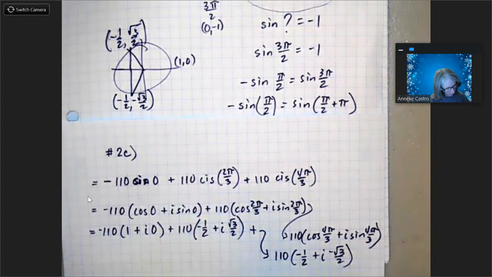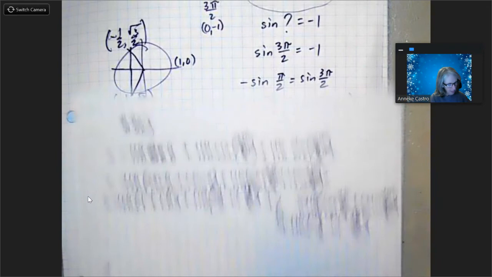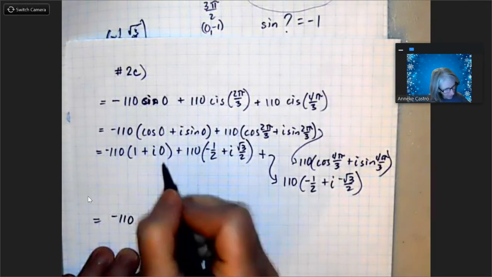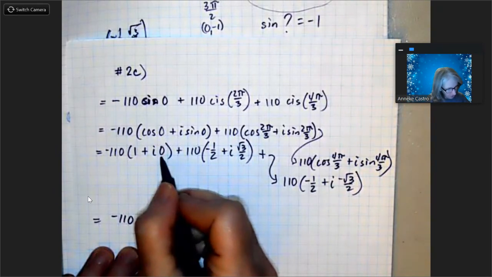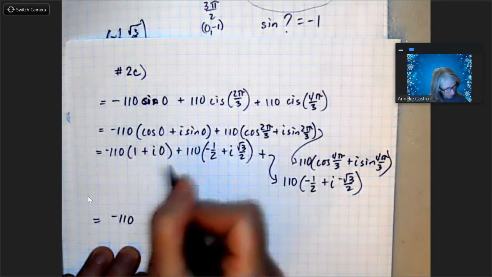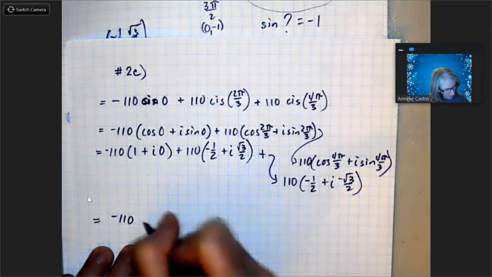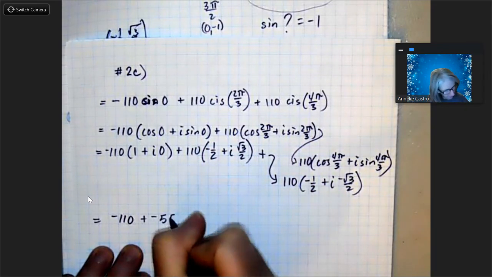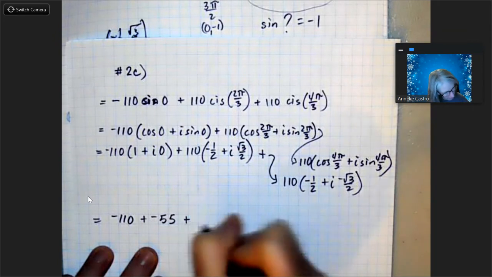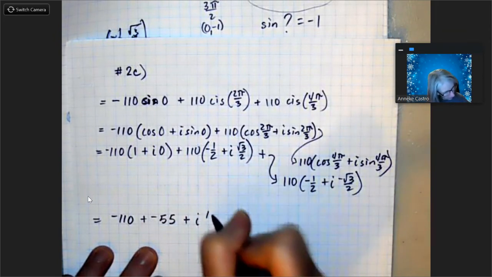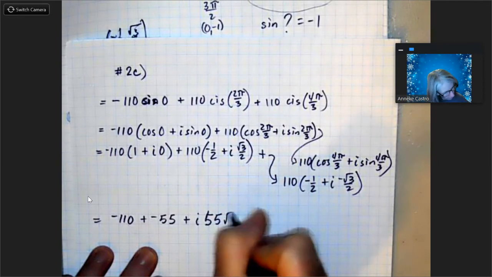Okay, if I simplify all these, negative 110 times 1 is negative 110. Negative 110 times i times 0, well, that's just 0, so that's going to cancel out. So there's my first one, done. Second one, 110 times negative 1/2, that's negative 55, plus i times 110 root 3 over 2, so I can write that as 55 root 3.